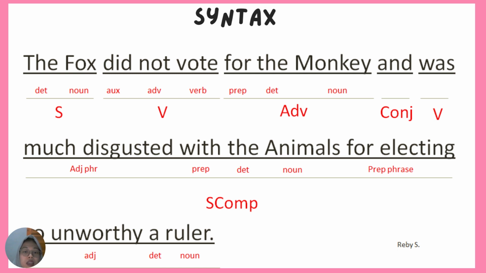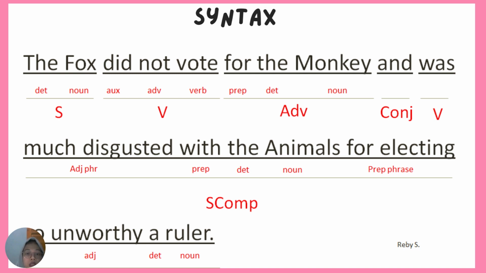And then for the monkey, I think this is adverb because it explains or describes the verb. And conjunction was verb, much disgusted with the animals for electing so unworthy a ruler.